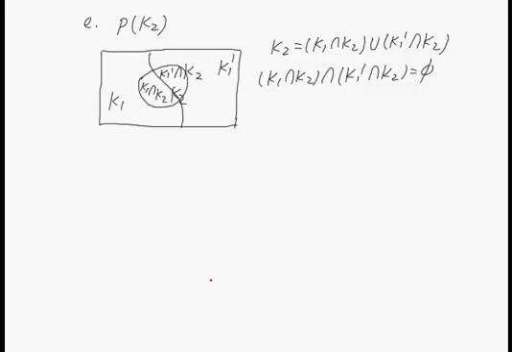We have one rule for two mutually exclusive sets. Now we know these two are mutually exclusive. So if E and F are mutually exclusive, then P of E union F is equal to P of E plus P of F. And this is rule 5.